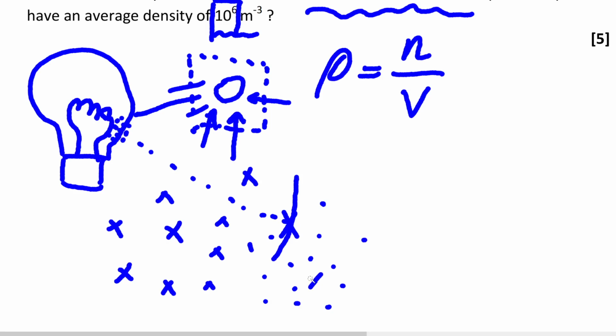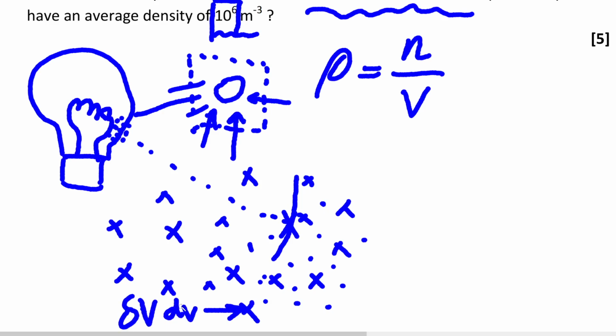And at any point in space, even though it's ridiculously unlikely that that particular point will have a photon actually in it, you would still be able to calculate a photon density, because you take this infinitesimally small volume, calling it dV, or delta V. I'm going to draw it with a capital V for volume.